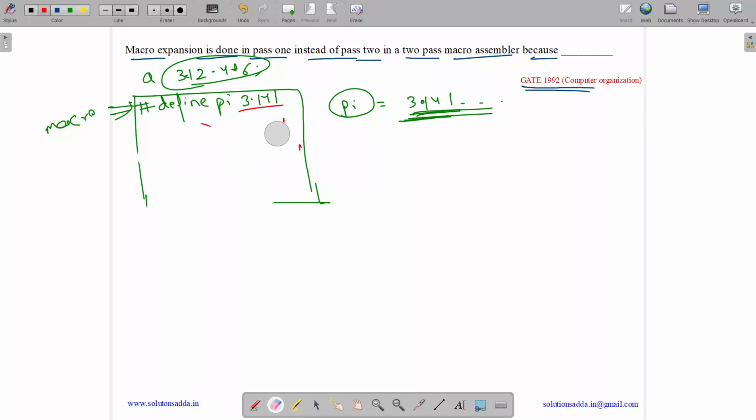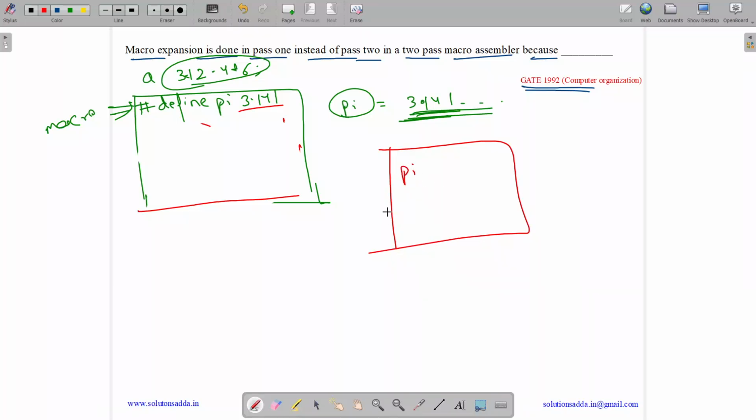Let us suppose we have our code and we have pi over here, but due to some jump statements, we have defined pi after this. Before the define we have a jump, and here we have the define called pi. So this is the forward reference problem, and we need to deal with it.